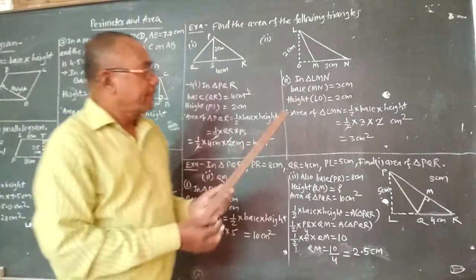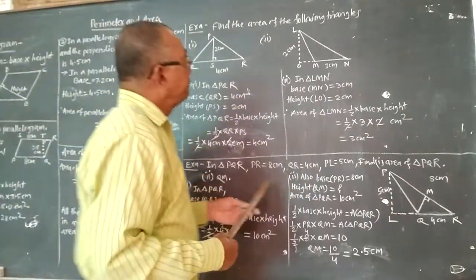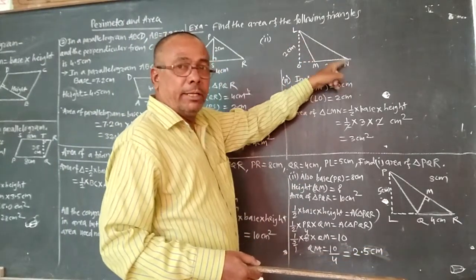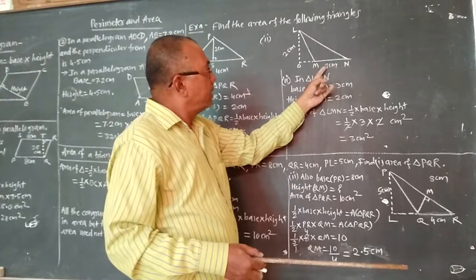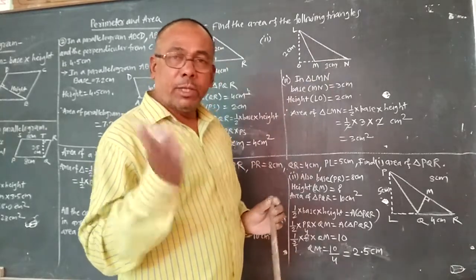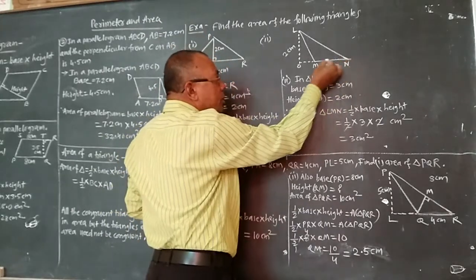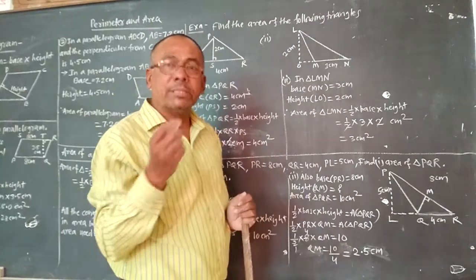Again, in the second figure, it is given that in triangle LMN, MN is the base, which is 3 centimeter long. But in this figure, the base NM is produced. Produce means increased.